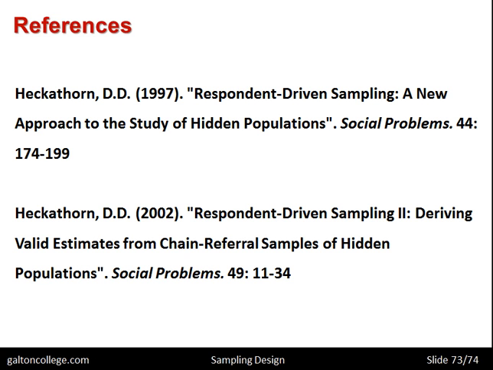They may be presented chronologically if it's the same name, or reverse chronological, as in the case I've got here, 97 before 2002. It should be the name of the person, the name of the article, the place of publication, or the journal name or the book name, the edition, in this case Social Problems 44 or Social Problems 49, and the page numbers. In the first one it's pages 174 to 199.